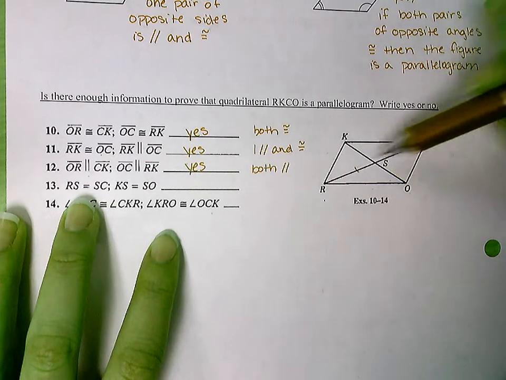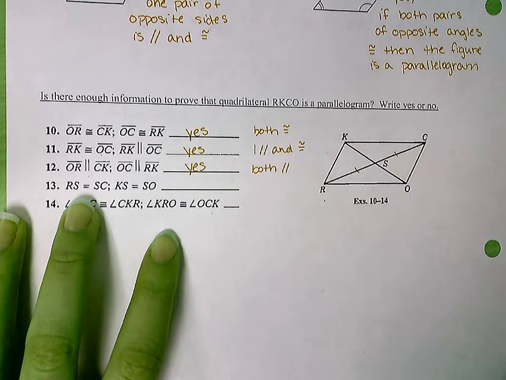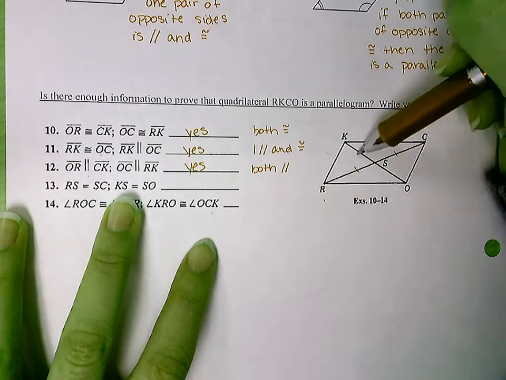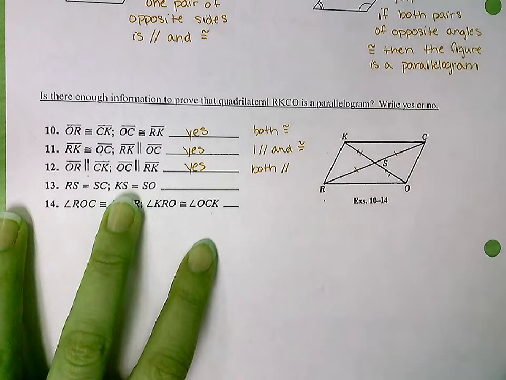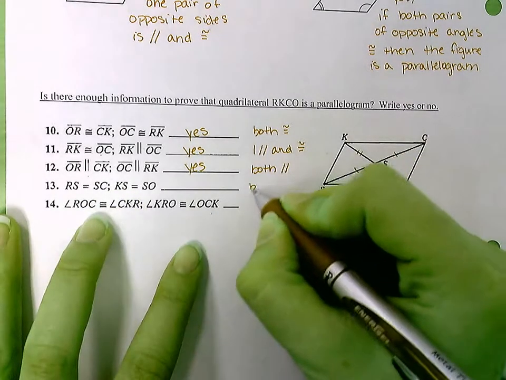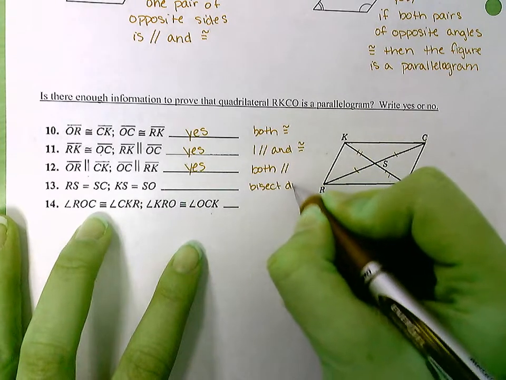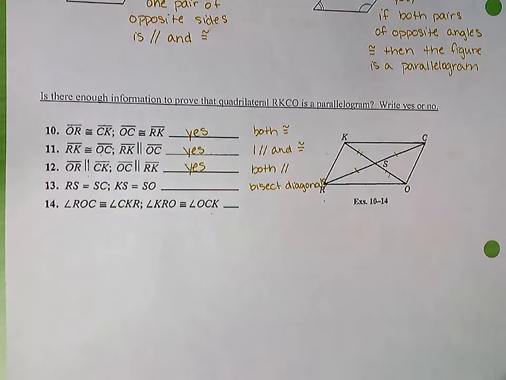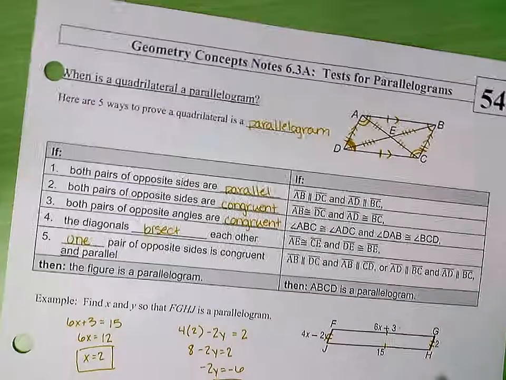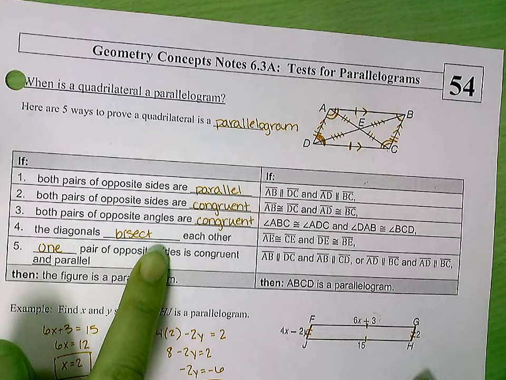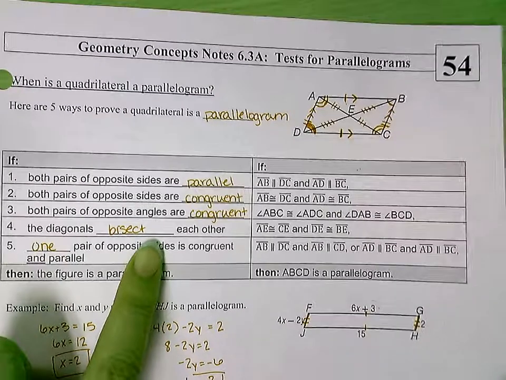So I know my diagonal has that midpoint there. And KS is equal to SO. So again, my diagonal has that midpoint. So this one, you have bisecting diagonals. And if you look at the front, where it says the diagonals bisect each other, that's number 4. So this one is also yes.